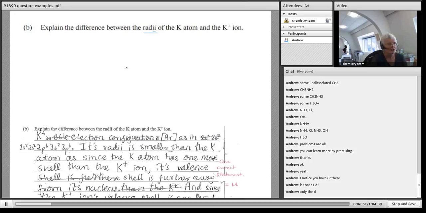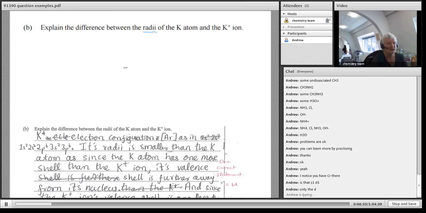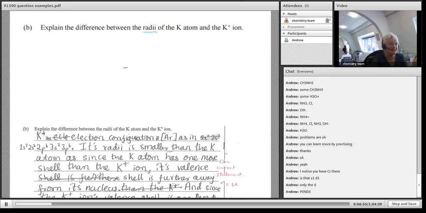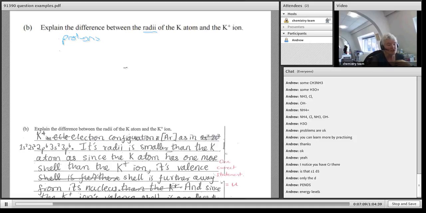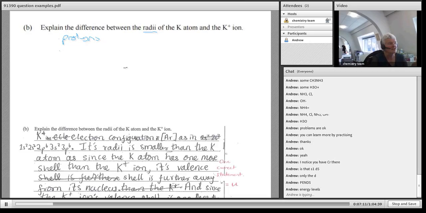There's always something I say, remember this phrase or this thing, PENS, right. So remember for PENS, you have to say something about the protons. You have to say something about the energy levels and the electrons, correct, so that's the E one.